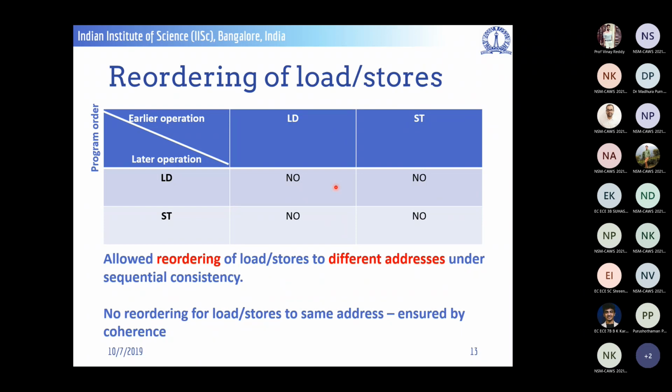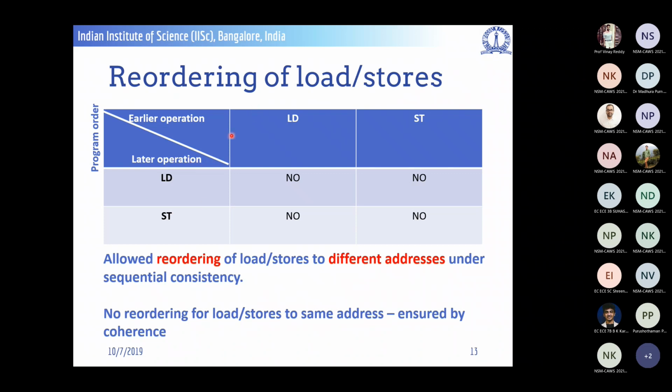What the table actually tells you, we'll read it soon, is what kind of reordering between loads and stores to different addresses is allowed. So let's see what it says. This means, say there is an earlier load operation from a given processor, and there is a later load operation in the program order.